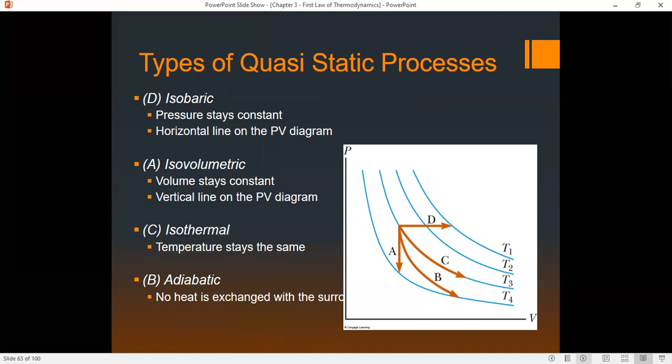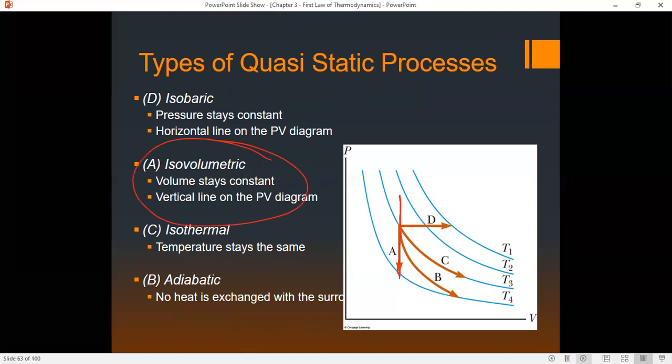It's important for you to be able to identify the different trajectories on the pressure versus volume diagrams for these different processes. Remember, anything vertical, okay, there's no area underneath this, so that is always isochoric or isovolumetric.